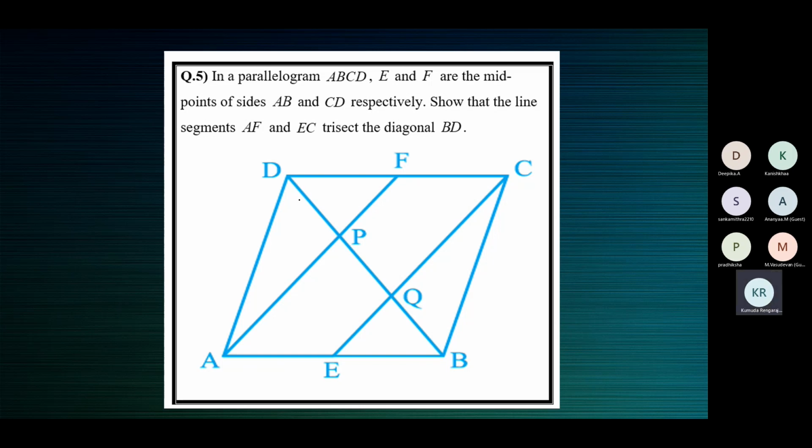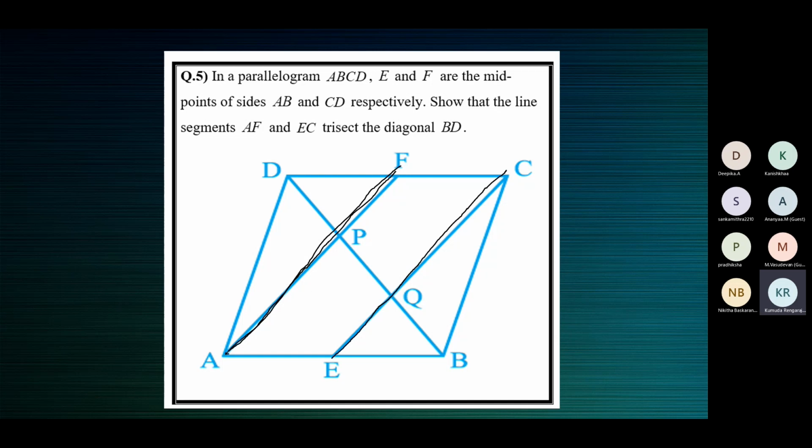It is trisected by the line segments AF and EC because they cross over the diagonal BD. See this line segment AF, it goes over, intersects or cuts the diagonal BD. This line segment EC also goes over or intersects the diagonal BD.